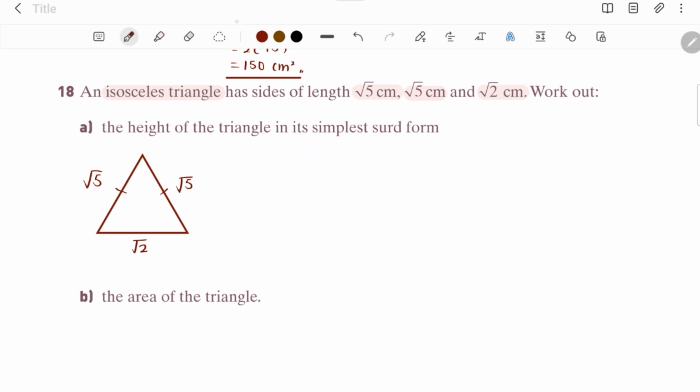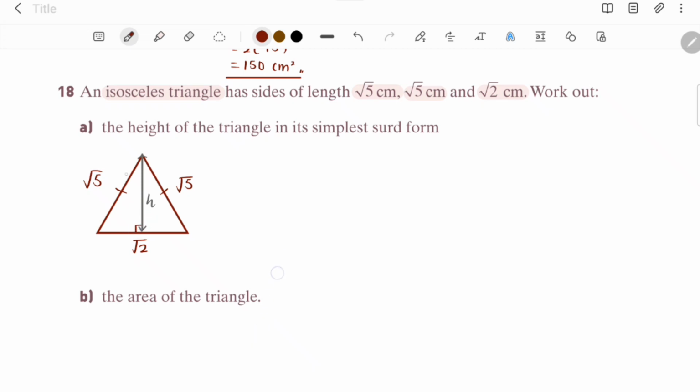So the height should be over here. This should be the height. So this one is still the Pythagoras theorem.